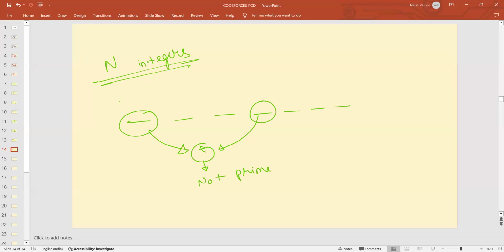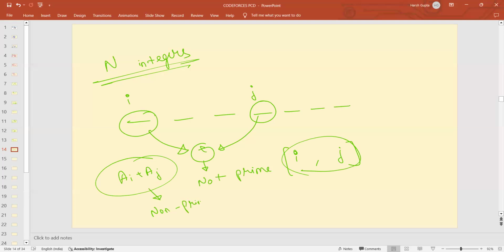If it is possible, so if this is index i and this is index j in one-based indexing format, then simply output i and j. If there is no such i comma j such that when you add ai and aj you get a non-prime number, then simply output minus 1.